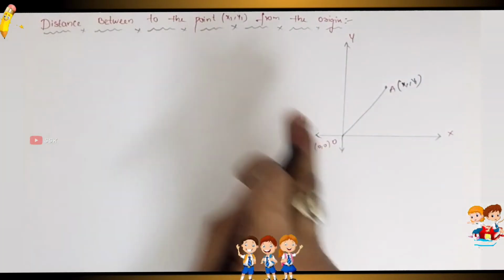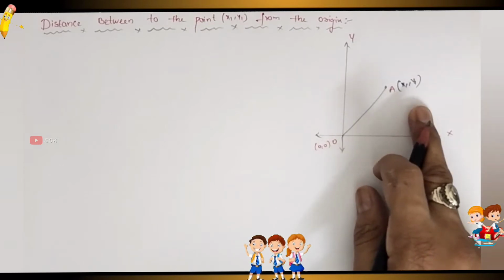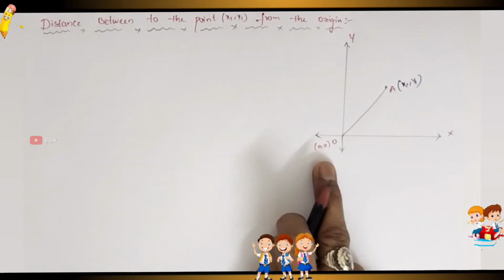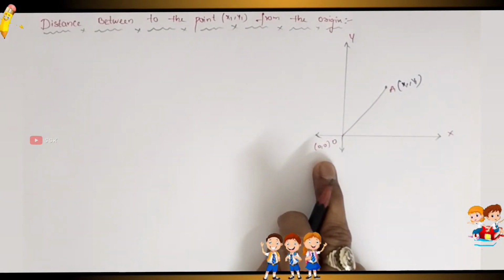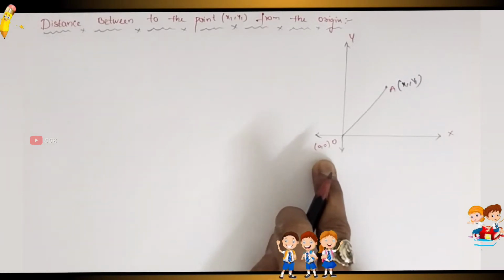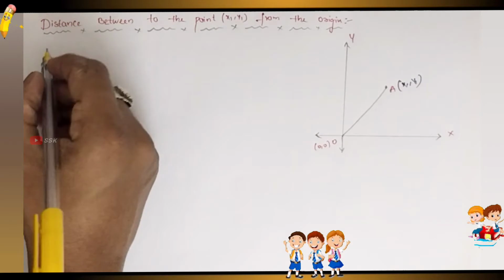The distance between the point A, x1 comma y1, and the origin O, that is 0 comma 0. Now write down.